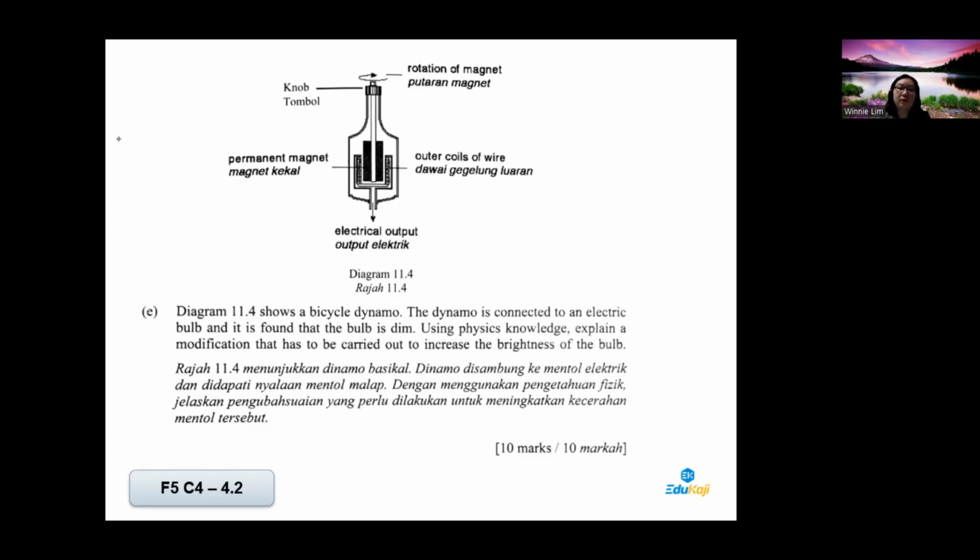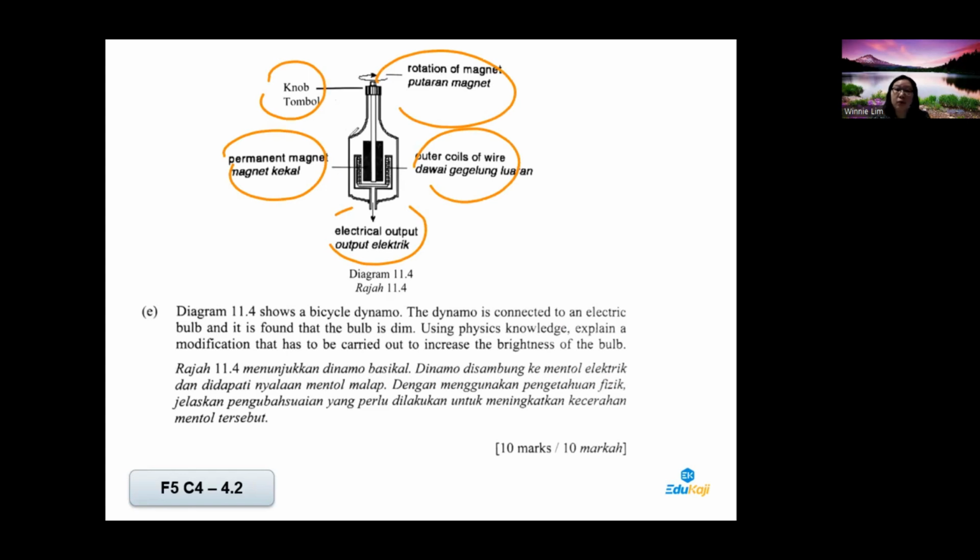So, do they give us more ideas or not? No. If they didn't tell you what to modify, then you see what is given in the diagram. All these things may help, like the knob and the rotation of the magnet. Your idea in this case is that you want the bulb to be bright.